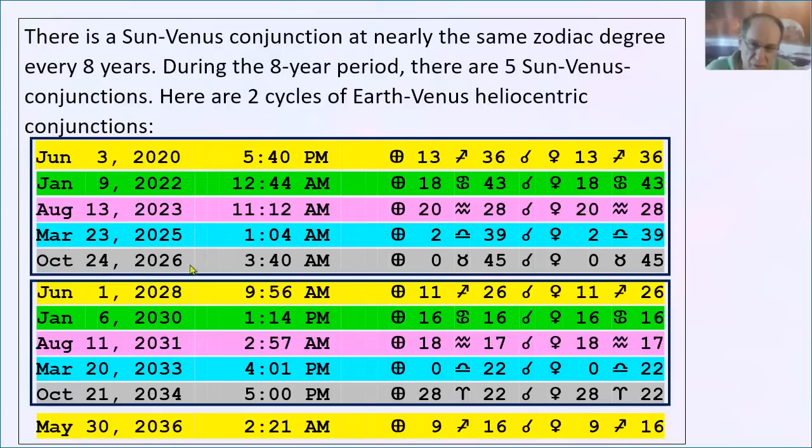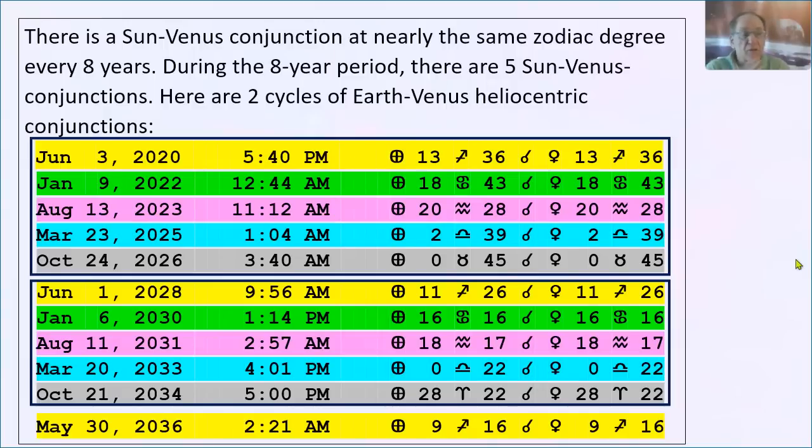So we see these 3 yellow Sun-Venus conjunctions, and the first one in 2020 is at 13 degrees Sagittarius. 8 years later in 2028, it's at 11 degrees Sagittarius. 8 years later in 2036, it's at 9 Sagittarius. So those Sun-Earth-Venus alignments, all in a row, are color-coded.